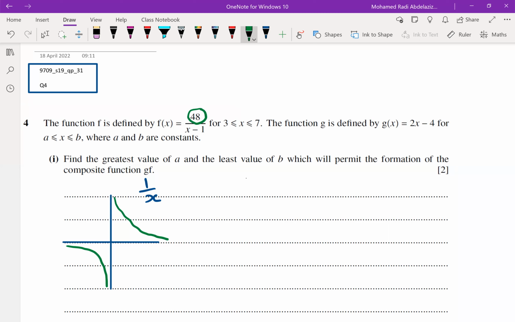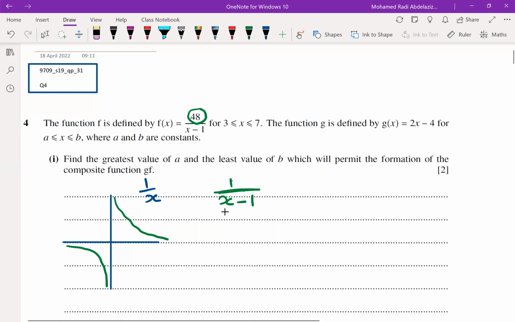To sketch the graph of 1 over x minus 1, we change the function from x to x minus 1. This is called a translation. This translation will be horizontal: to the left when x plus 1, to the right when x minus 1, because it's negative, so move to the right 1.